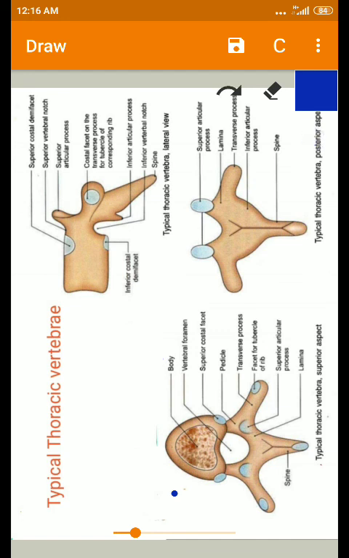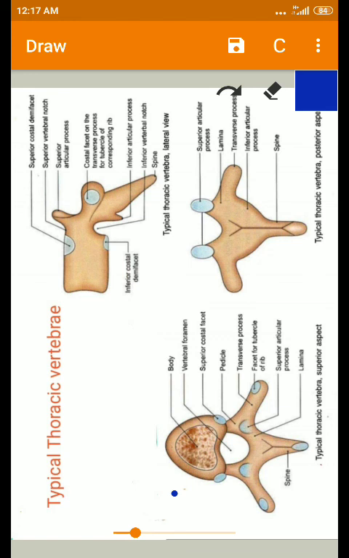Up to six it is concave, and then the facets become flat, somewhat flat, and face upwards, laterally, and slightly forward.